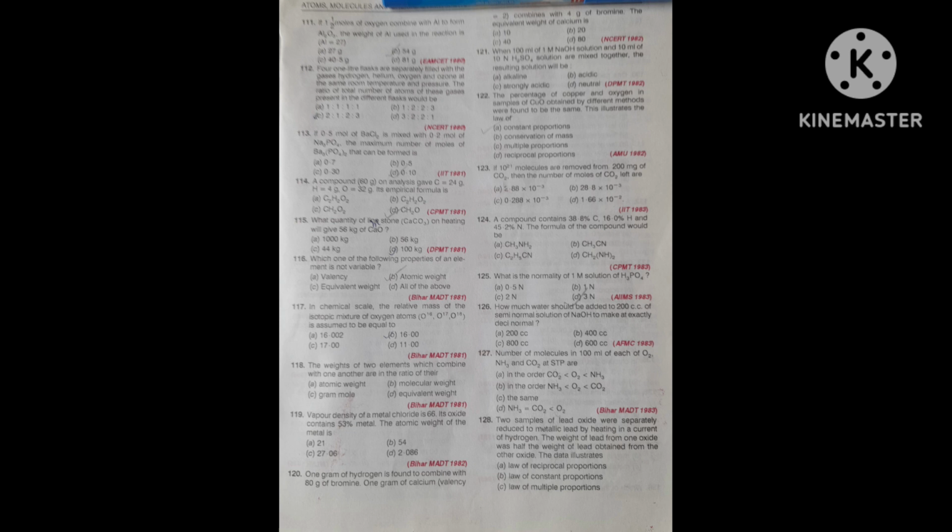Here H3PO4 is there. Then 1M is equal to 3N. 1M H3PO4 means 3N H3PO4, because equivalent weight is equal to molecular weight divided by 3.